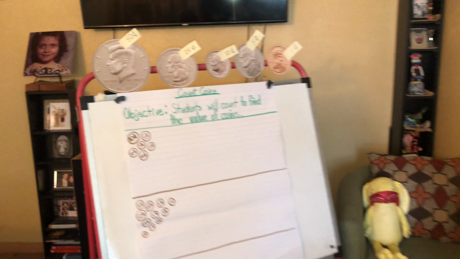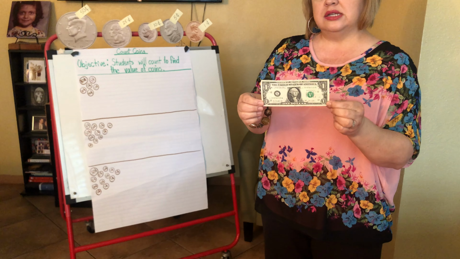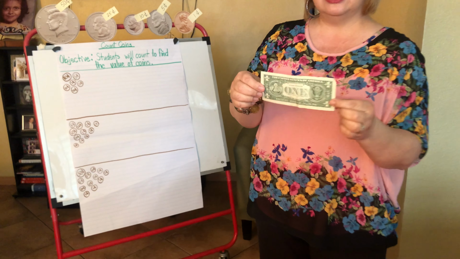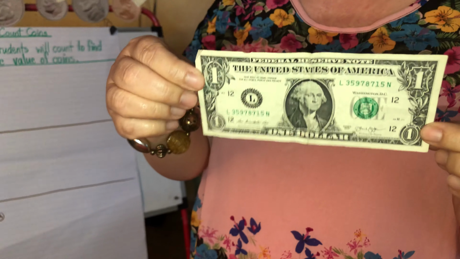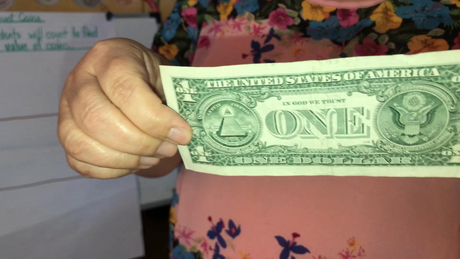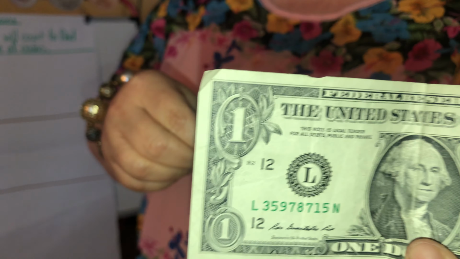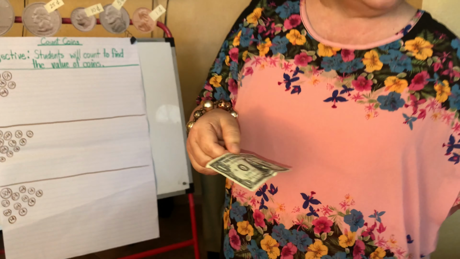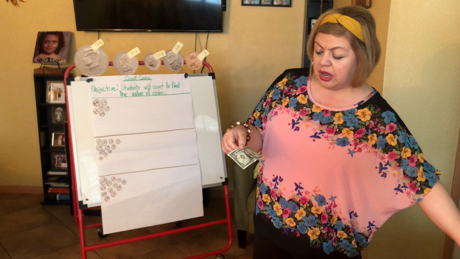And I'm going to go ahead and also introduce the dollar. So this is a $1 bill, which many boys and girls are familiar with. Usually when you buy your little treats, if you're lucky, you only have to pay $1 for it. So here's the $1 bill with our President George Washington on it. And $1, we just said, is worth 100 cents.